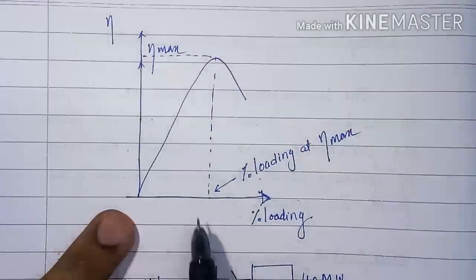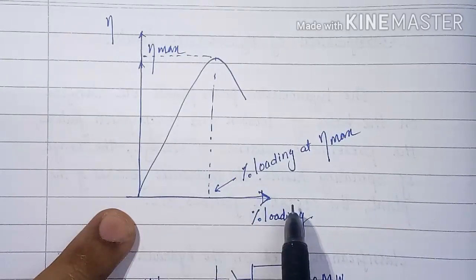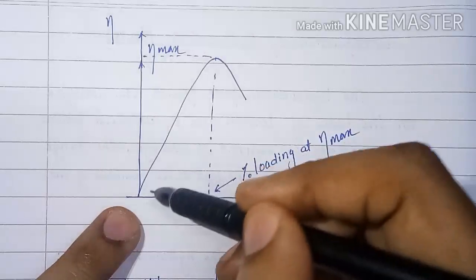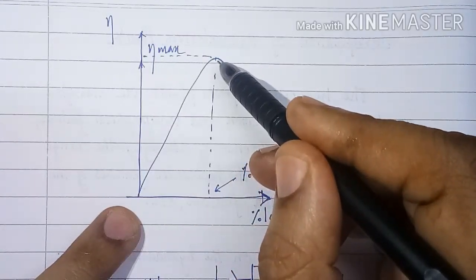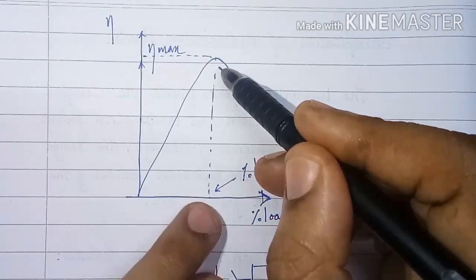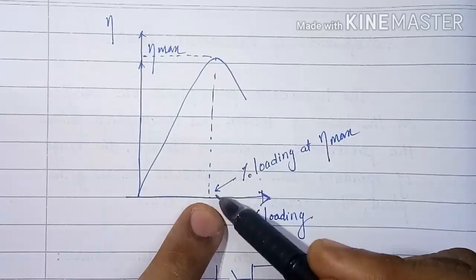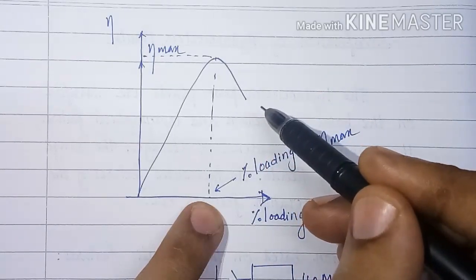Here you can see, as the percentage loading goes on increasing, the efficiency of any electric machine goes on increasing. After certain percentage of loading, the efficiency starts to decrease.